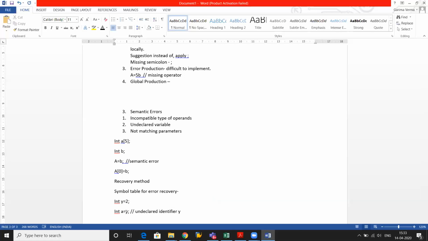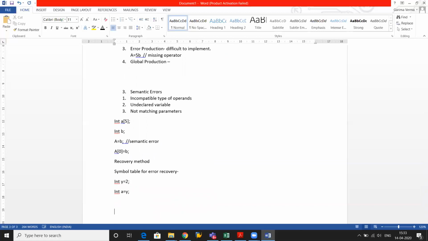That is why it gave undeclared identifier y. Now when you have declared identifier y, in the next compilation phase, y is now declared in the symbol table. Now it is found by the semantic analyzer. So automatically your error will be recovered and you won't find any error like undeclared identifier, right?